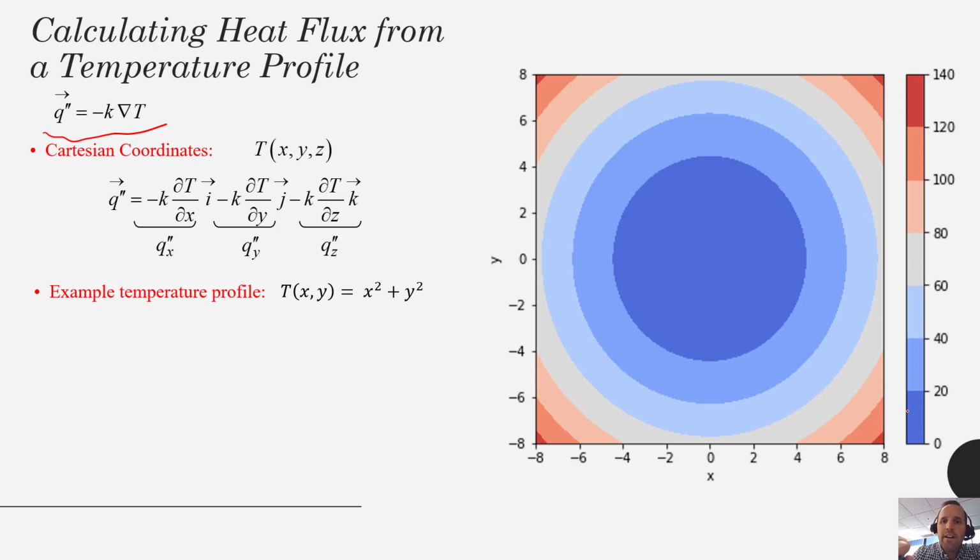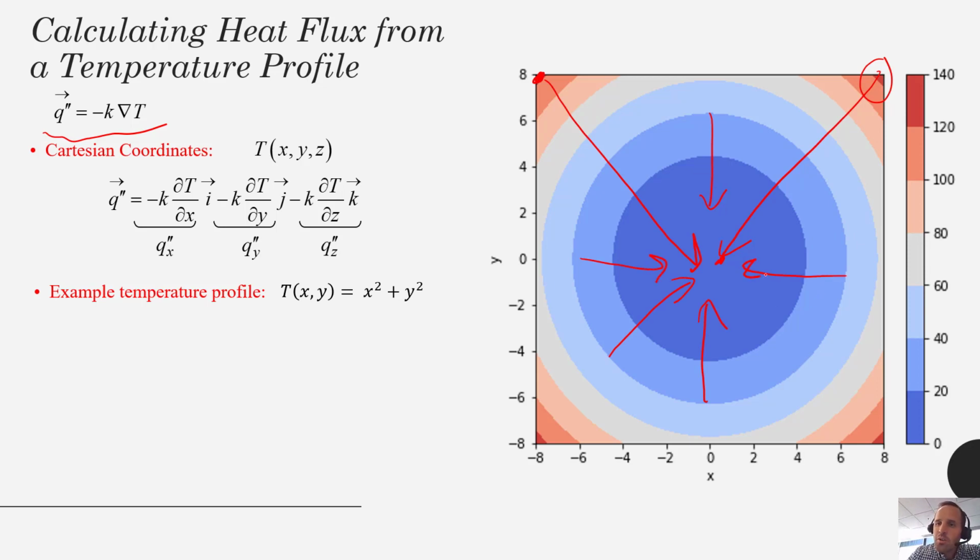We see that temperature out in these corners of our grid system is going to be higher than the temperature here. So there will be this tendency for heat to flow from this higher energy state represented by a higher temperature down to this lower energy state represented by the lower temperature. And if we were to plot these different heat flux lines all over, we would see that heat is pretty much converging everywhere.